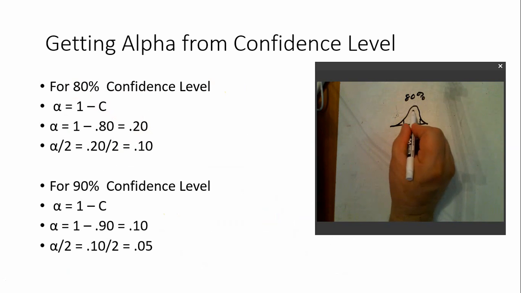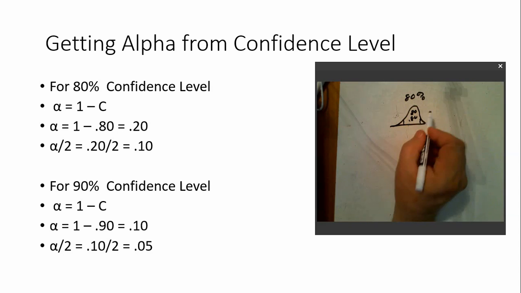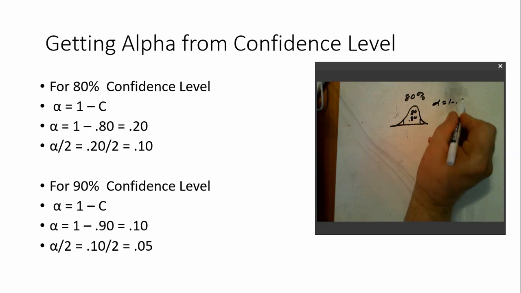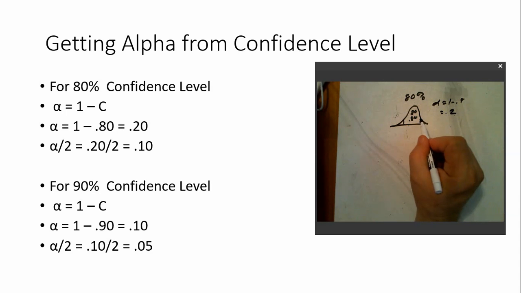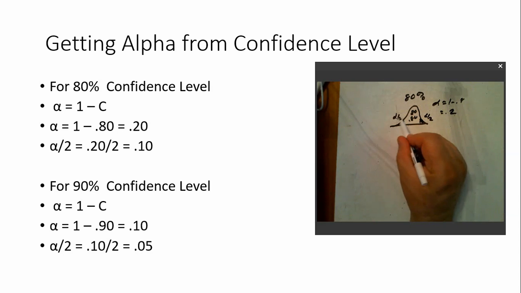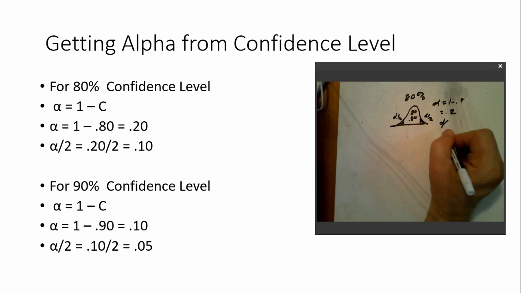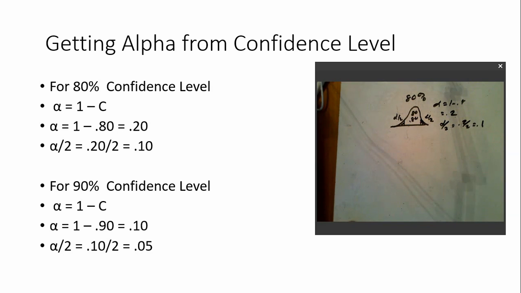I'll say 80% on the inside, which is 0.80. So my alpha is just 1 minus 0.8, and that's going to be 0.2. And then this little filled in area is alpha over 2. So my alpha over 2 is the 0.2 over 2, and that's just going to be 0.1.